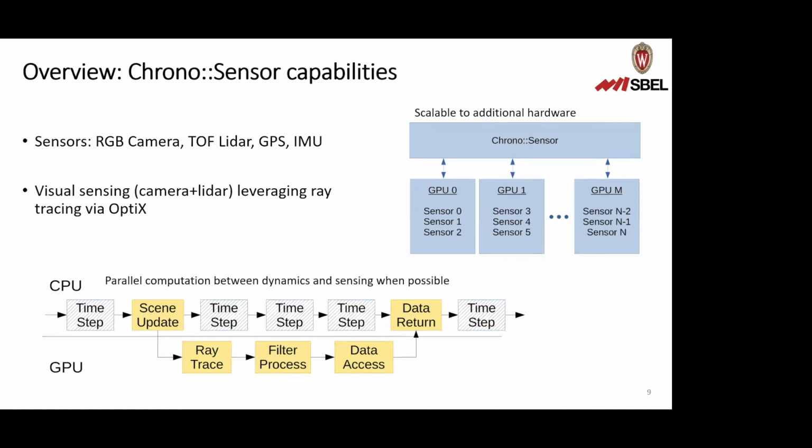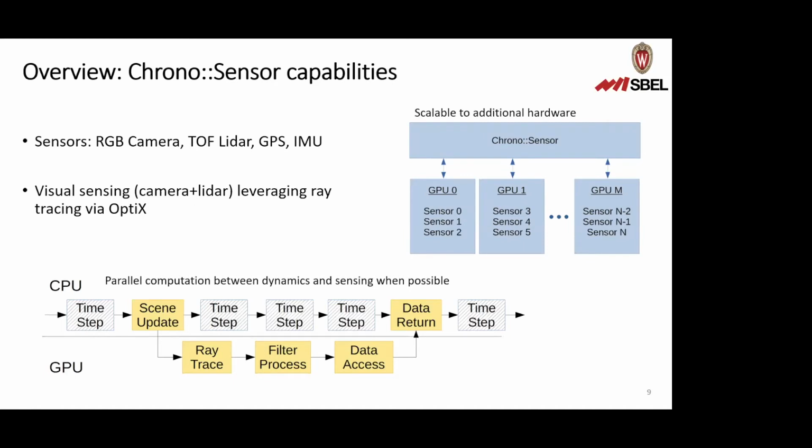Then also GPS and IMU. For the visual sensing, which is camera and LiDAR, we are leveraging a ray tracing library called Optics. And the reason for this is that because then we're using ray tracing, we can mimic the physics-based acquisition of light for those sensors.